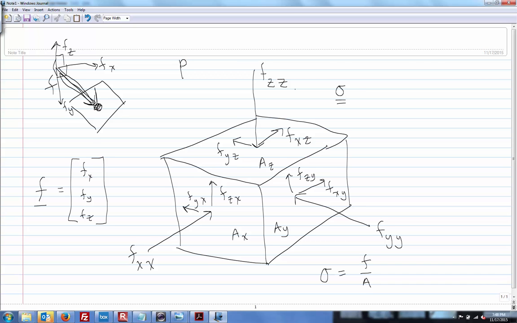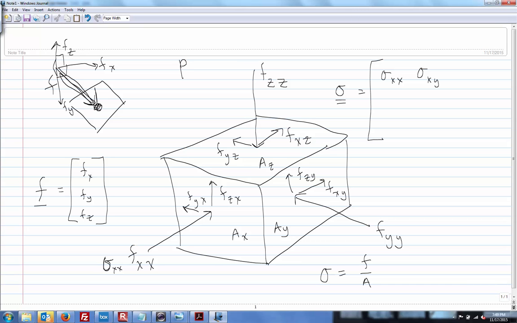So stress ends up looking like this, sigma xx. So that's basically this thing right here, sigma xx. So that's the stress in the x direction. Here's sigma xy, and so just look for wherever the xy is, or yx, same thing.